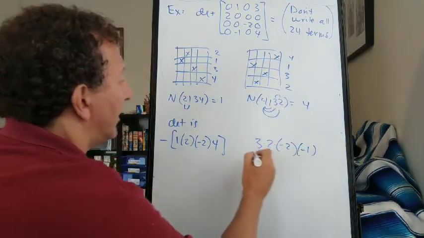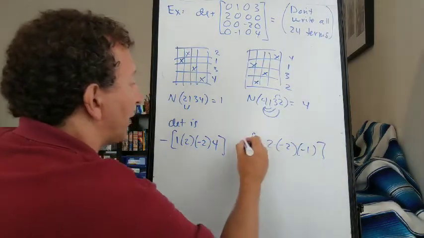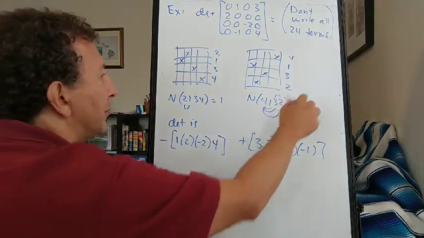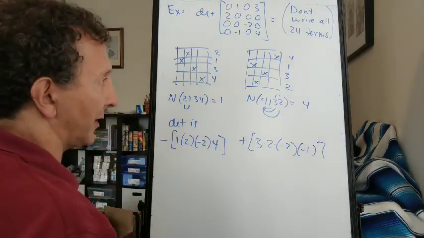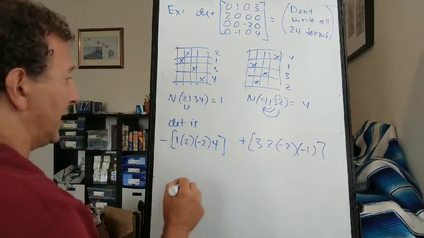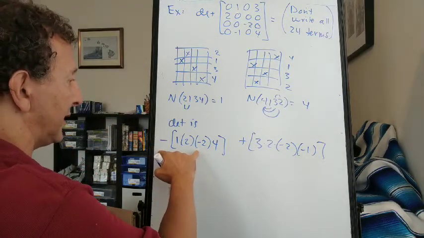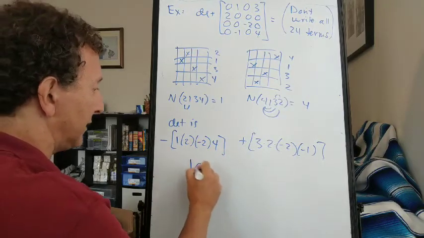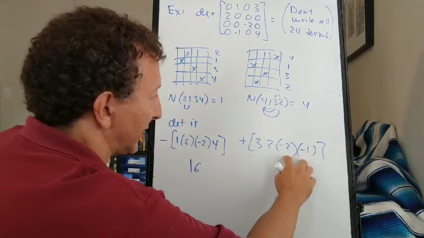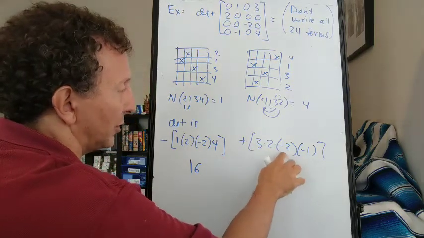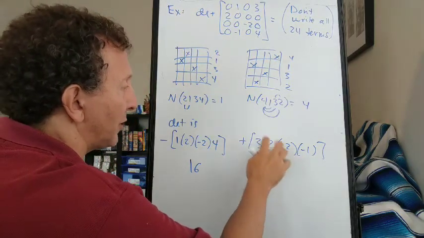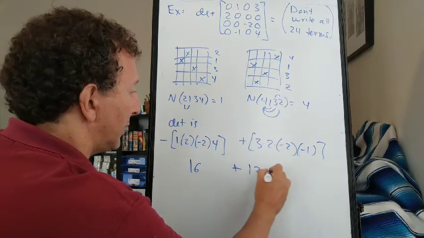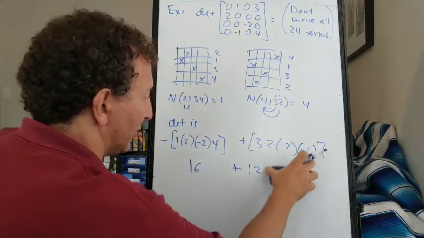All of that comes with a positive sign, because negative 1 to the fourth is positive. So we have these negative signs cancel out. We've got 2 times 2 times 4, which is 4 times 4, which is 16. And then these negative signs cancel. We've got 3 times 2 times 2, which is 3 times 4, which is 12. And that equals 28.